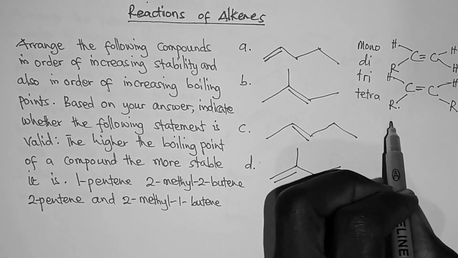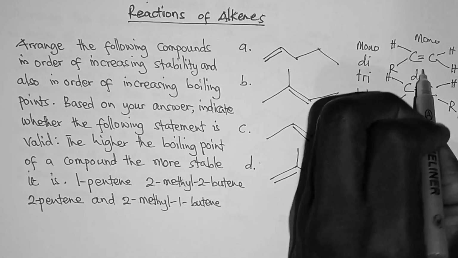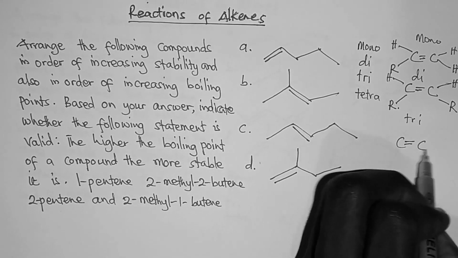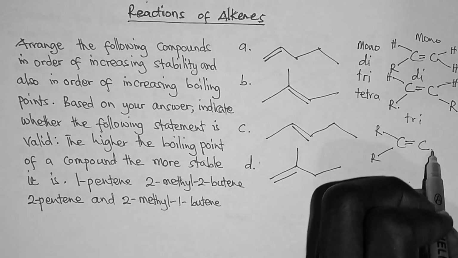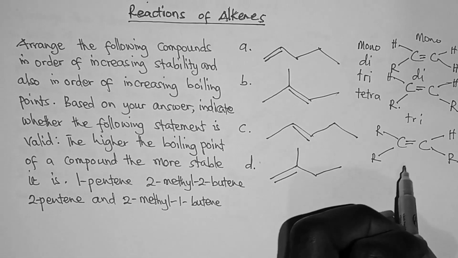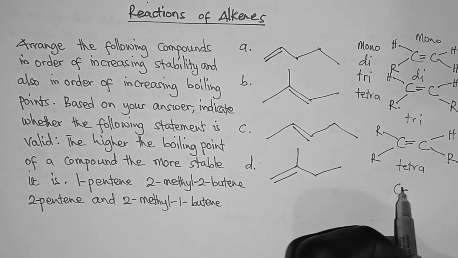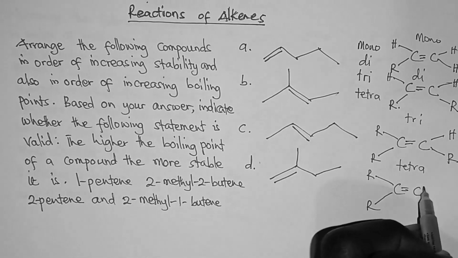This is a mono-substituted, this is a di-substituted. Let's come to a tri-substituted, which has 3 alkyl groups around the carbon-carbon double bond. And then the last one is the tetra-substituted. That means that all the carbon-carbon double bond positions have been substituted by alkyl groups.